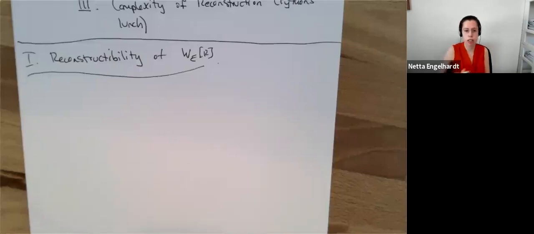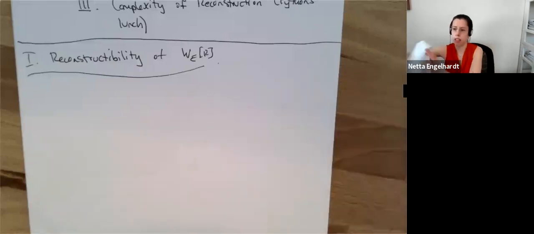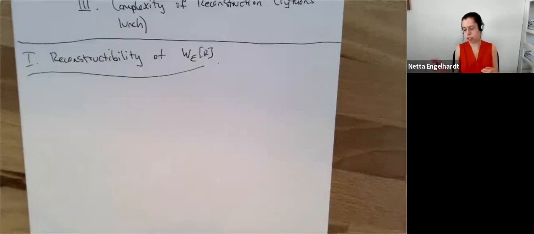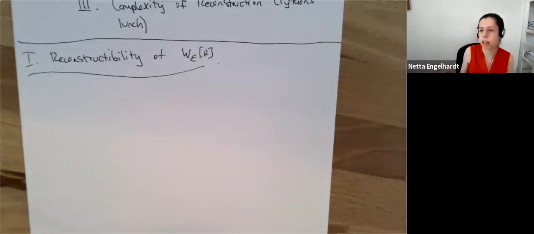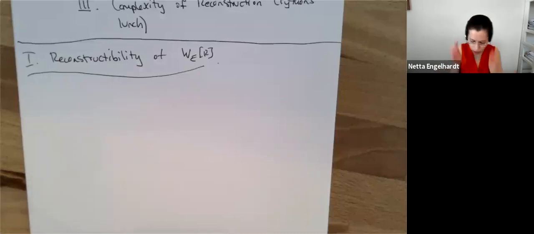To understand this, we need one final ingredient, which is the relative entropy in AdS/CFT, and in particular the so-called JLMS proposal. Let me remind you of the definition of the relative entropy.